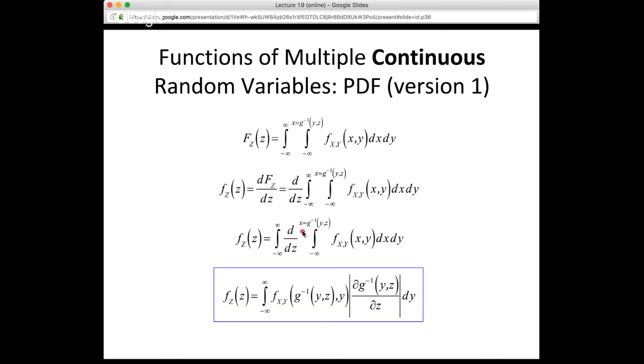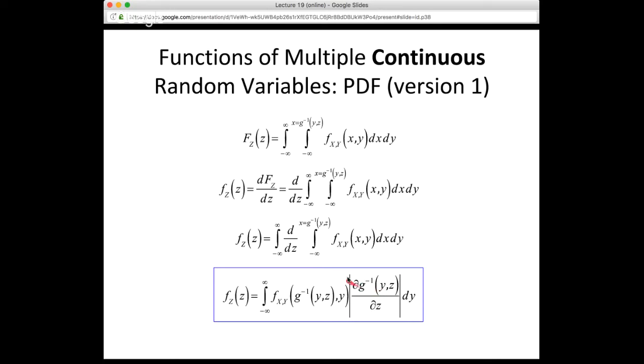I take the derivative with respect to Z of this integral, which means I take the integrand, evaluate it at the upper limit, and then multiply that by, through the chain rule, the derivative of that upper limit with respect to Z. That's what I've got here. So I've got the integrand, which is my joint PDF in this case, evaluated at X equals g inverse of Y and Z, times the absolute value, because we have to remember we have this issue of whether g is an increasing or decreasing function of Y and Z.